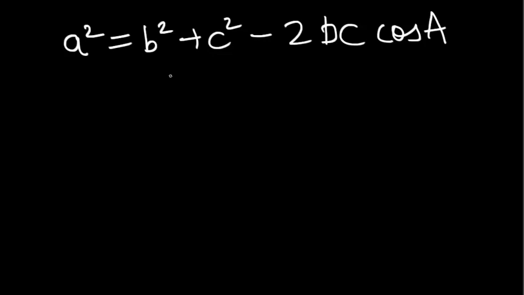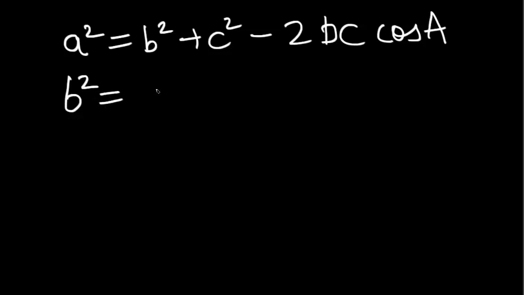And if we know one of these three rules involving the three different sides, we can figure out the remaining two. So if we know a square is equal to b square plus c square minus 2 times bc cosine of A, we can calculate the same thing for b square.